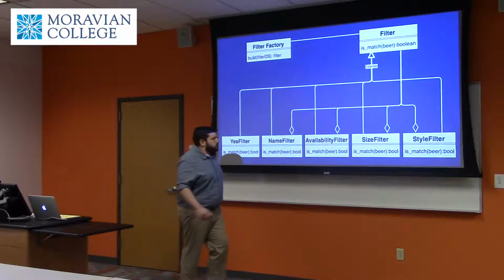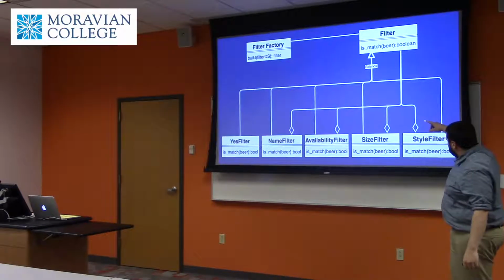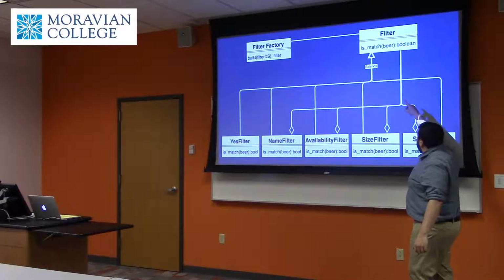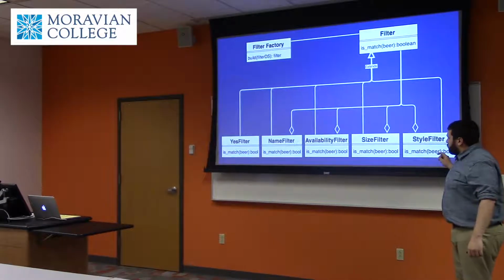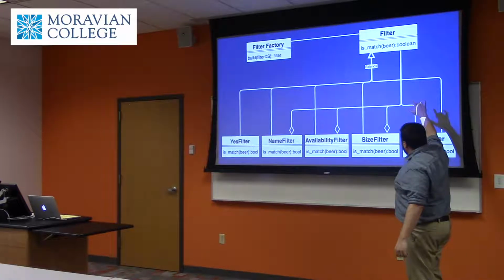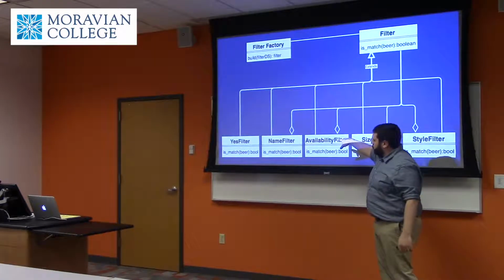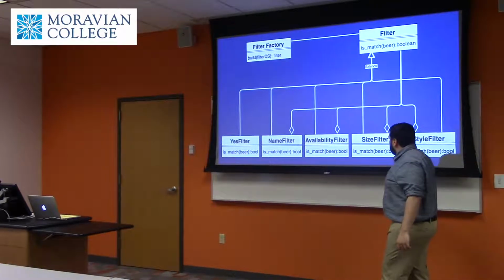So you'll see for each of these, if you look at style filter, for example, you can see it has an abstract filter object. This filter can be a size filter, or an availability filter, or a name, or a yes filter. I'll get to that one in a moment.